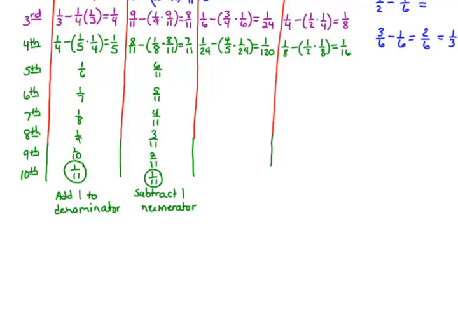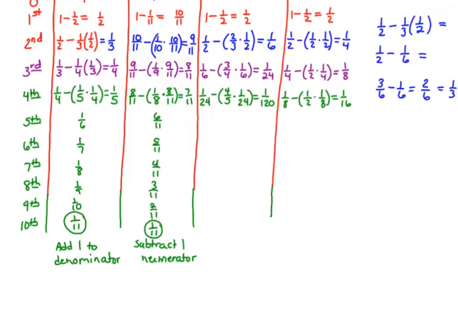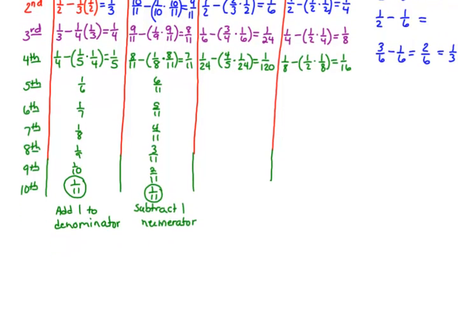Okay, and for Dante, it's a little bit harder to get, so I'm going to actually write Dante's out down here. We had 1/2, 1/6, 1/24, and 1/120.